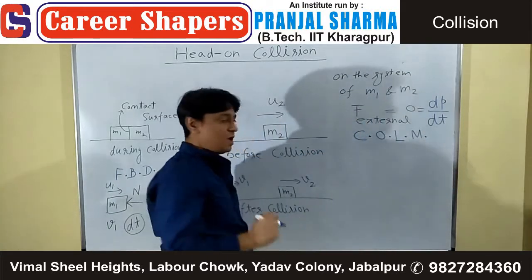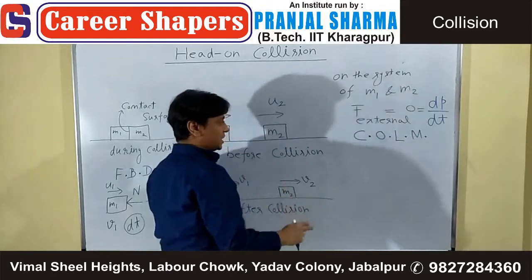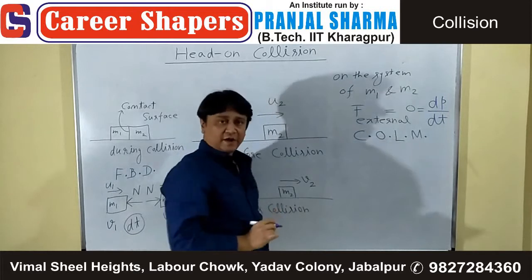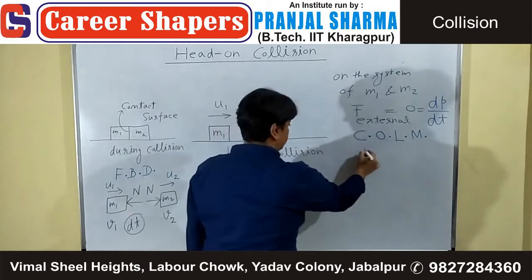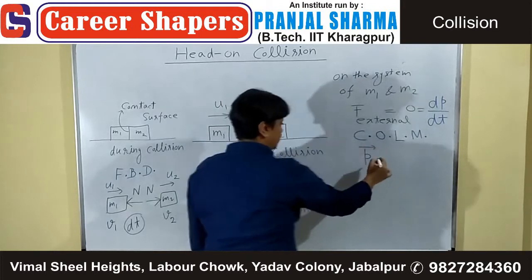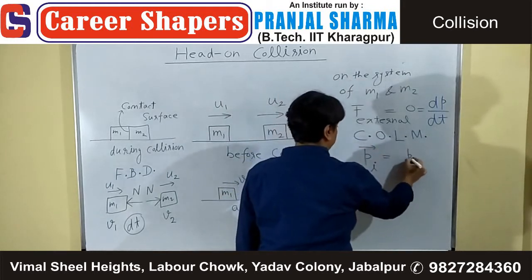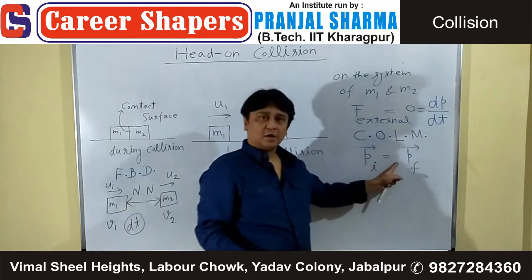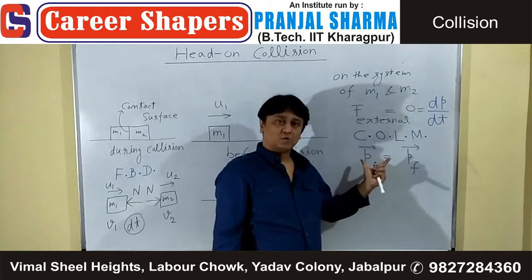Now, once you say that COLM can be applied, let's write down initial linear momentum P initial and then P final. Look at this vector sign. Linear momentum is a vector quantity.